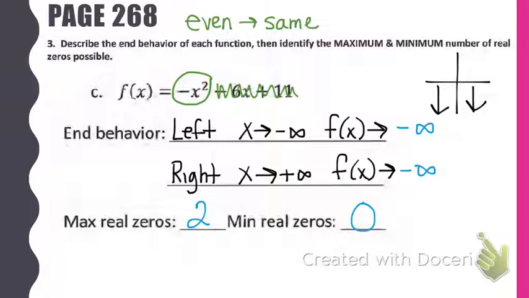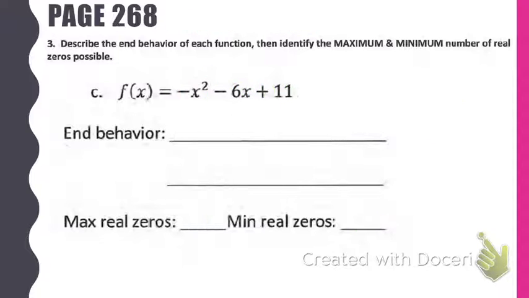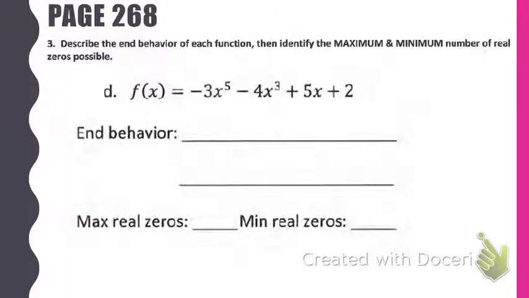All right, let me check to see. Hold on one quick second here. All right, last one. Go ahead and try to fill in part D by yourself. Again, I'll put our template up.